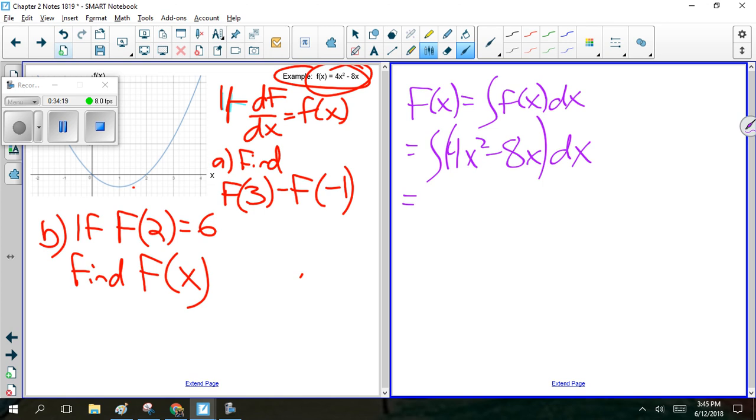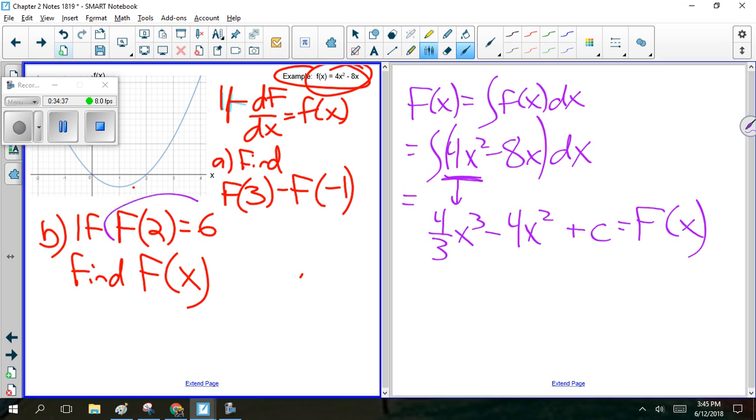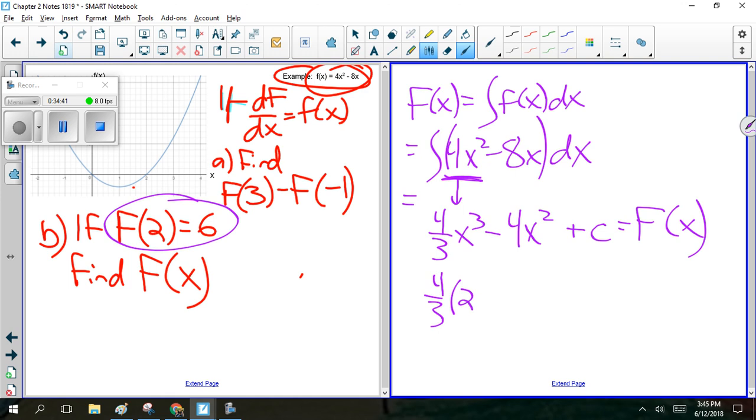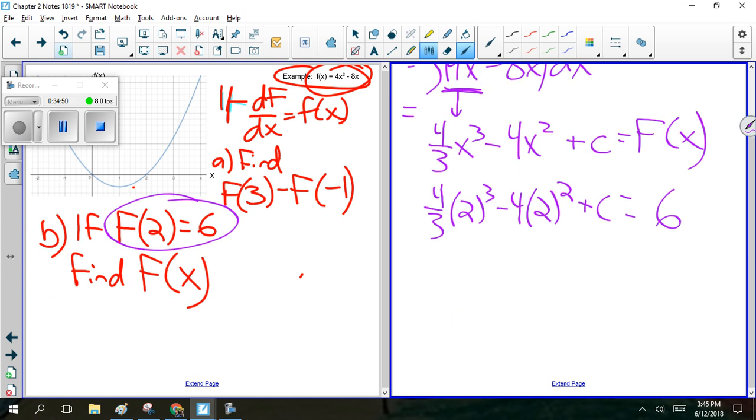So this is indefinite, so I do kind of the same thing I just did, right? What gives me that? So that's the 4/3 x cubed I just had, right? Minus 4x squared plus c. Now we got to solve for c by using this. So plug in 2. So you get 4/3 times 2 cubed minus 4 times 2 squared plus c equals 6.